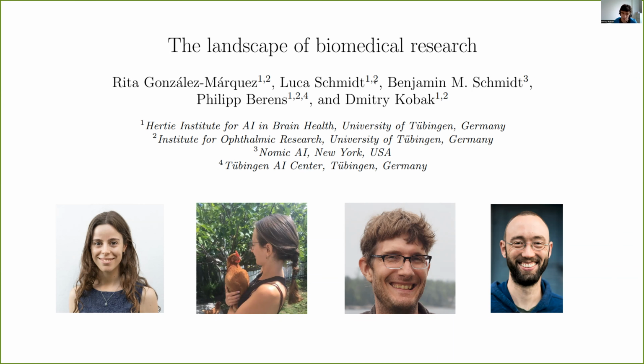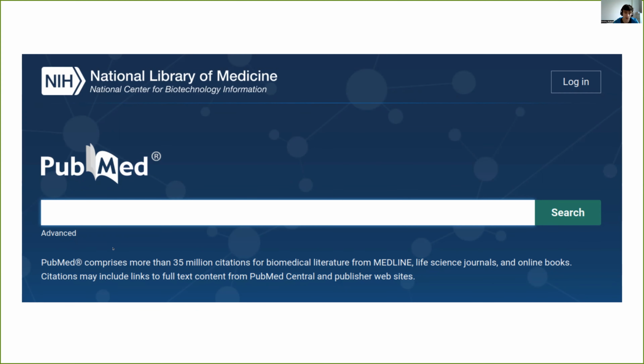So maybe some of you know this database and some don't. Everybody in biology uses this all the time. It's the National Library of Medicine in the States, which collects metadata on all scientific publications and everything that's remotely related to biomedicine. It's very inclusive.